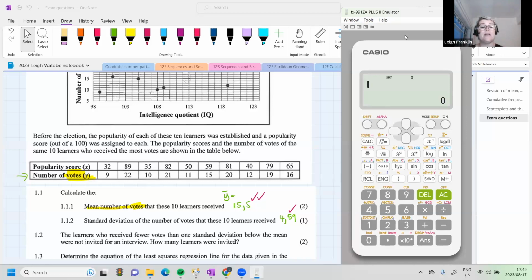Okay. All right. So in 1.2, the learners who received fewer votes than 1 standard deviation below the mean were not invited for an interview. How many learners were invited? Okay. I'm going to let you guys do that question as well.